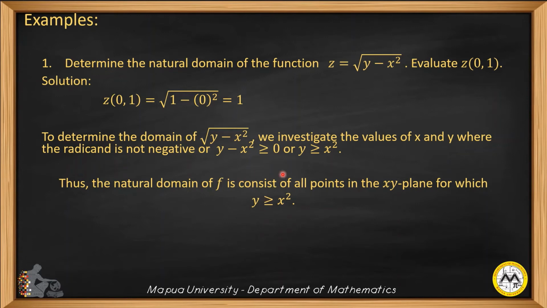Okay, so you can view the set of all points in relation to the graph of a parabola given by y equal to x squared and locate where the points would be positioned with respect to the parabola that would satisfy this condition of y equal or greater than x squared.